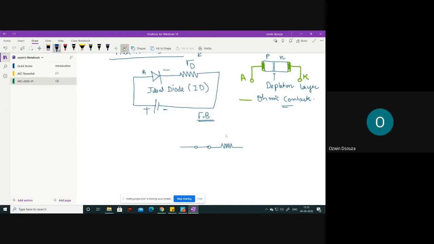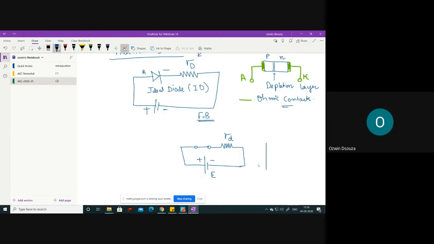And then you will have the dynamic resistance of the diode followed by the battery. So it appears as though under forward biasing mode, the circuit takes the shape of a resistive circuit, correct?